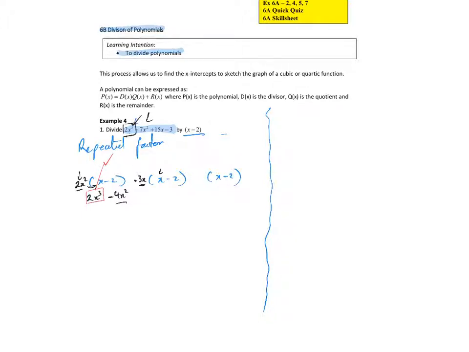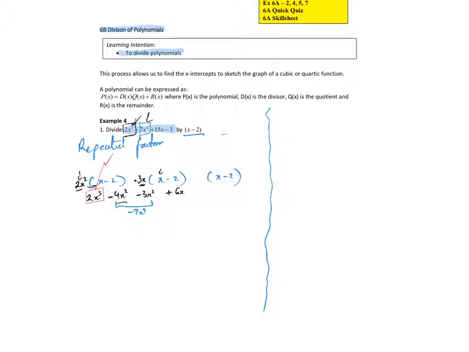So now negative 3x times x is negative 3x squared. Negative 3x times negative 2 is positive 6x. Key thing is, if I add these two terms together, negative 4x squared minus 3x squared is negative 7x squared, and that matches off with my second term.